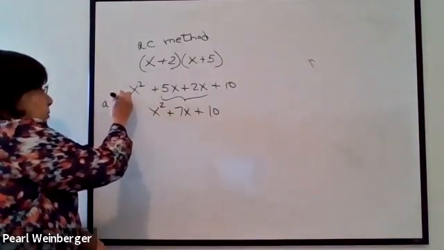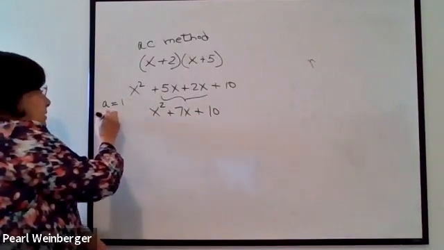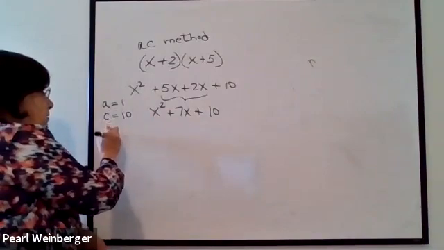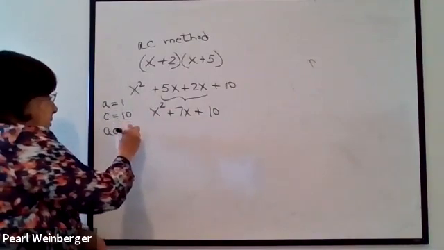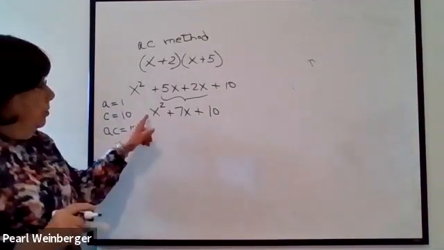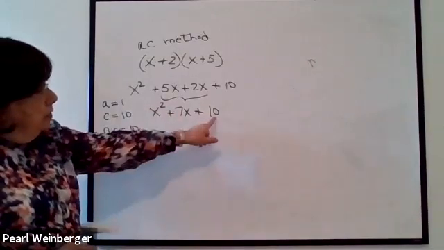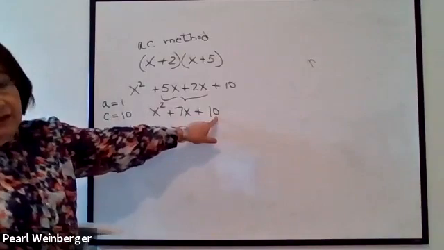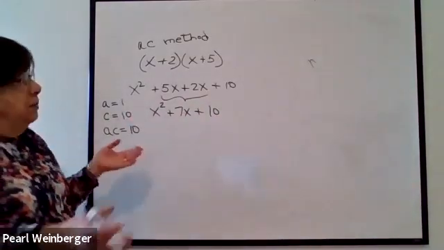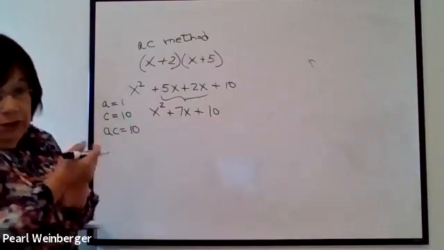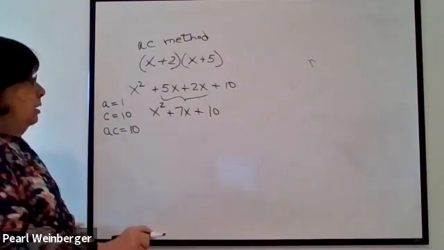I'm just putting it over here. And my C is 10. So my AC turns out to be 10. Obviously, when your leading coefficient is just a 1, your AC is just the last number. That makes sense. But sometimes there's a number in front of the x squared, so that's why we include it.